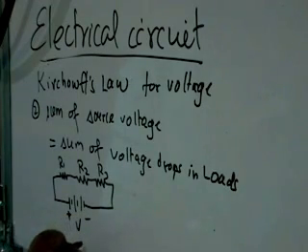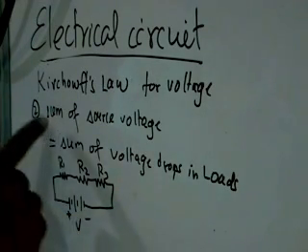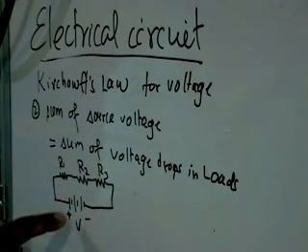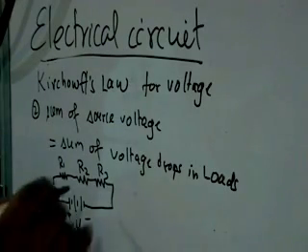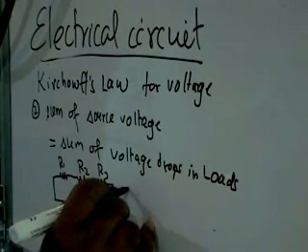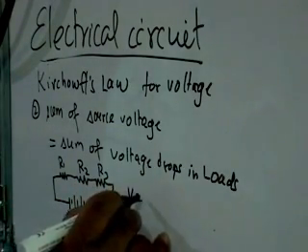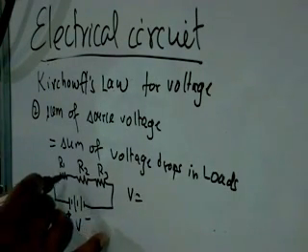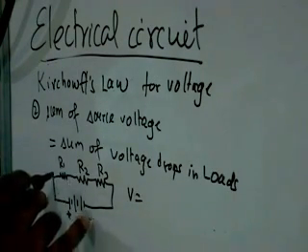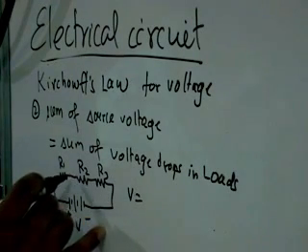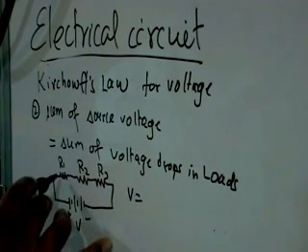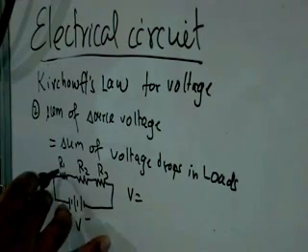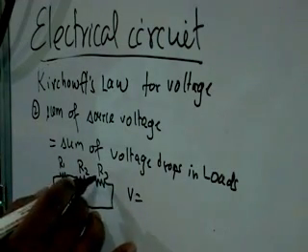The sum of source voltage is only one, so we put V. Current here in this case will be the same for all the three, because all these three are connected in series. So whatever current is in R1, the same will be in R2 and the same will be in R3.